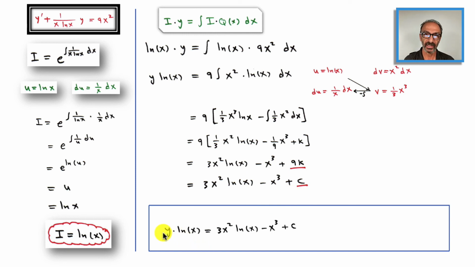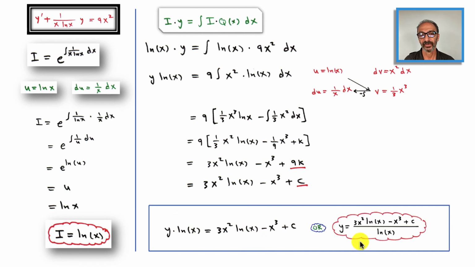If you want y by itself, divide by ln x, and that should do it. 3x squared ln x minus x cubed plus a constant of integration, all over ln x. And that should do it.